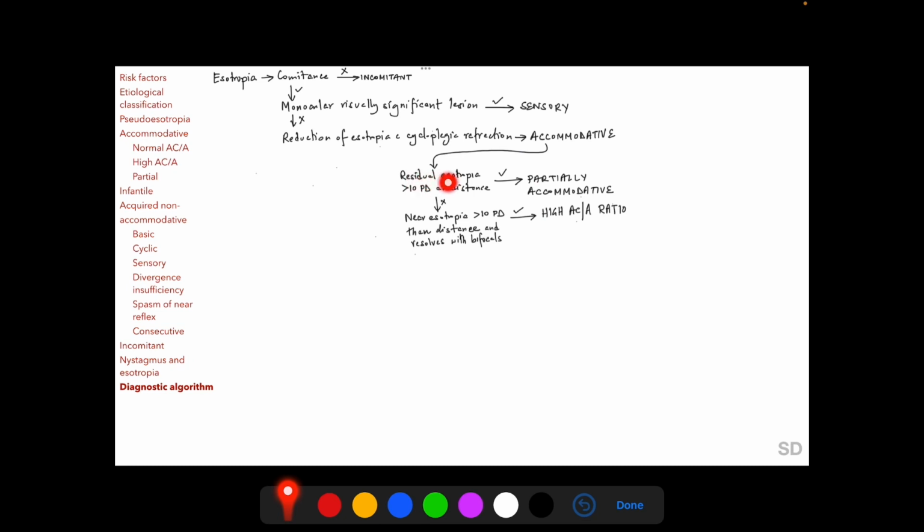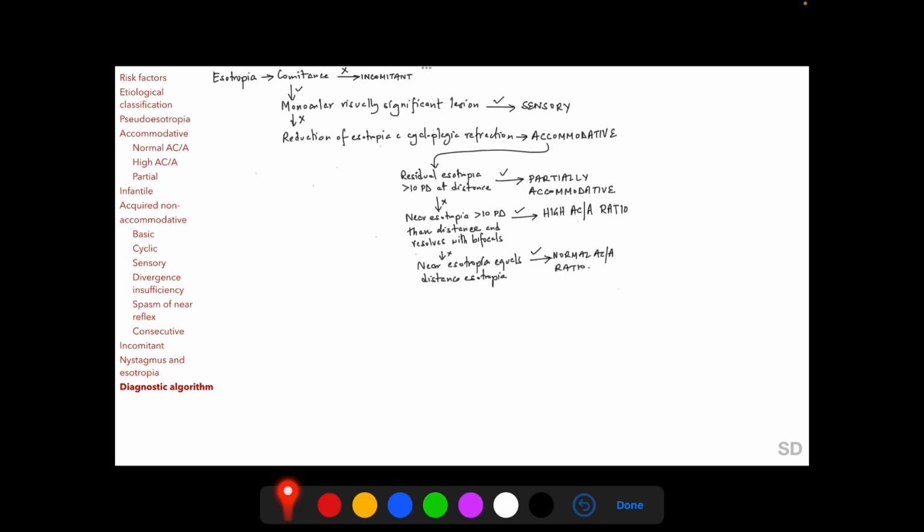And if there is no residual esotropia at distance with spectacle correction in a patient with accommodative esotropia, we try to find out whether the near esotropia and the distance esotropia are similar. If the near esotropia is more than 10 prism diopters than distance esotropia, and these near and distance esotropic deviations resolve with bifocal adds over the appropriate refractive correction for distance, it is a high AC/A ratio accommodative esotropia.